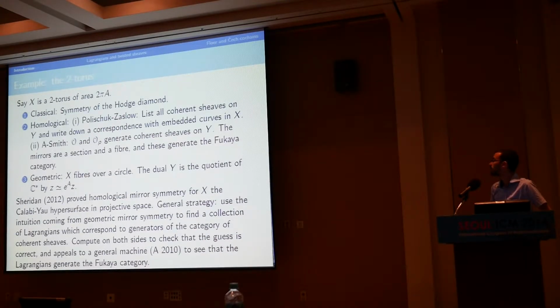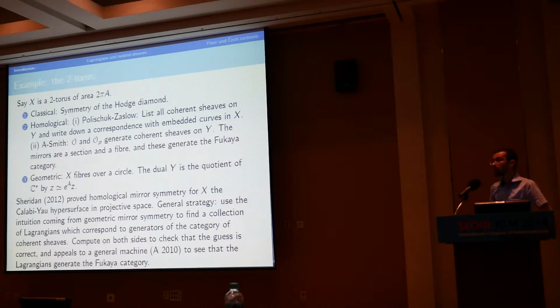Take a degree 3 polynomial in 3 variables, and then in CP2, that's the hypersurface that corresponds to it. So Nick Sheridan, in his thesis a few years ago, proved mirror symmetry for all Calabi-Yau hypersurfaces. And he followed essentially this strategy that I tried to outline that we did for elliptic curves.